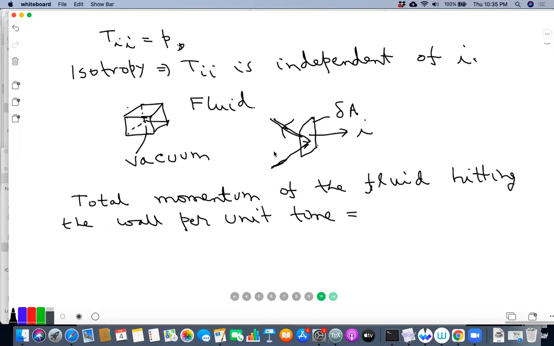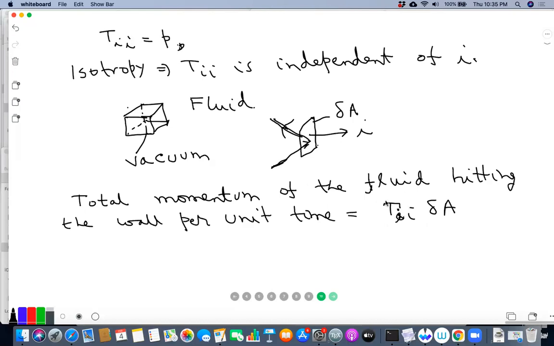Now, by definition, T^ii is the flux of the ith momentum along the ith direction. So you expect that the total momentum of all the particles that fall on this wall should be given by T^ii times delta A. Delta A, because flux means the momentum per unit area. So this is the total amount of momentum of the particles that are falling on this.